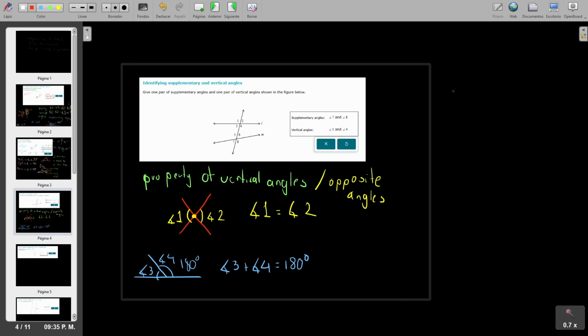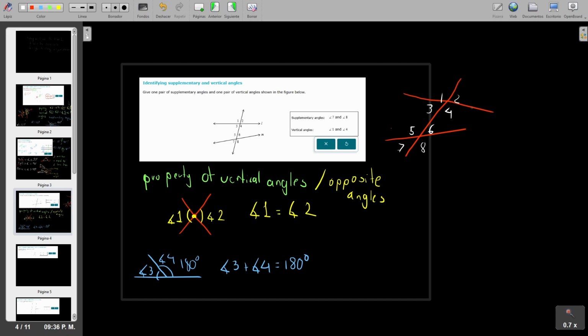I'm going to write this one here because they are not letting me write there. I'm going to put the angles, for example, this is 1, 2, 3, 4, 5, 6, 7, and 8.